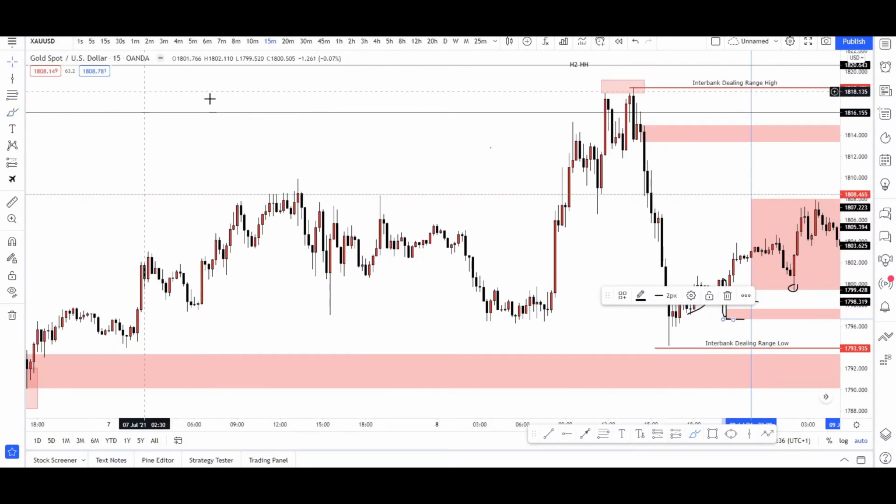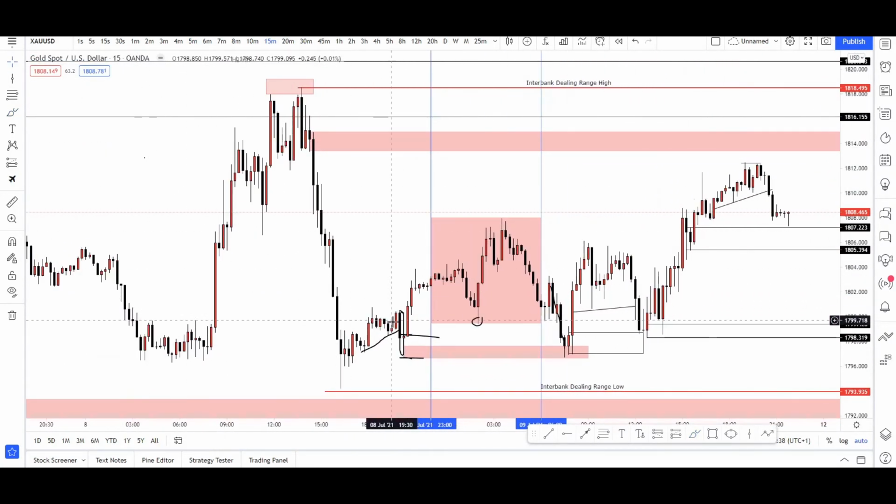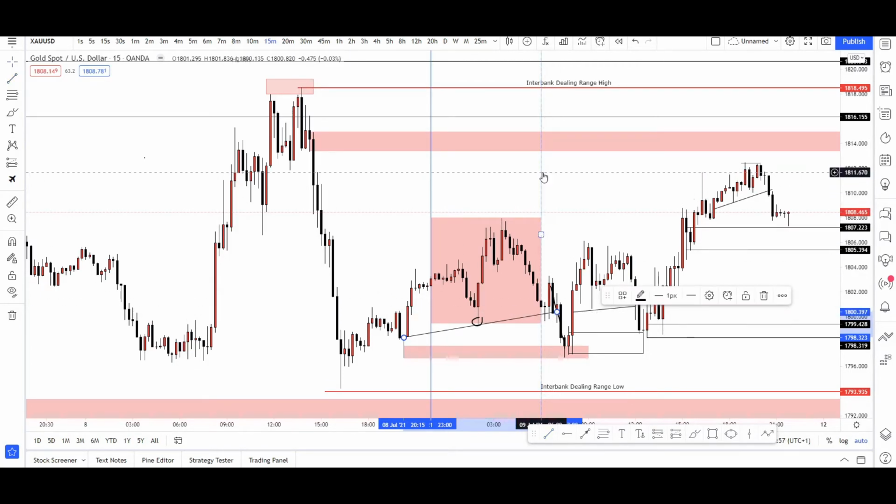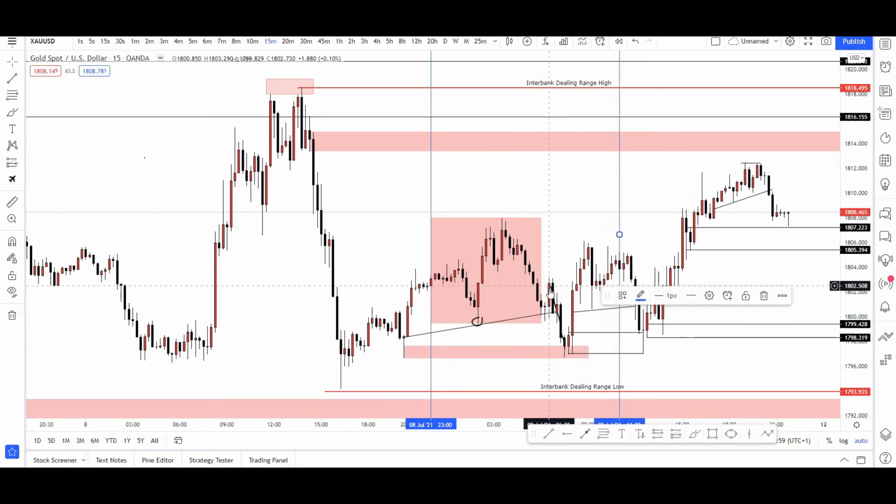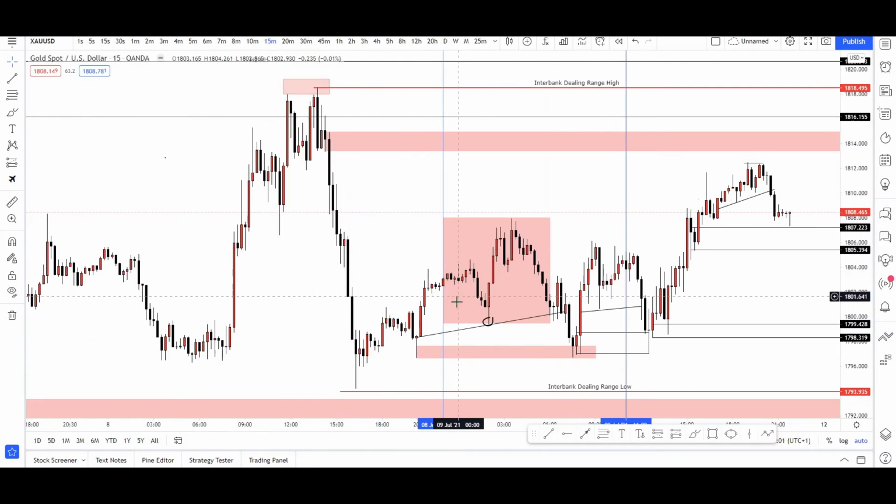Also, if we look here, let me remove this quickly. And if we draw this line across here, and we move this out of the way just for you guys to see it clearly, we have a trend line building here.